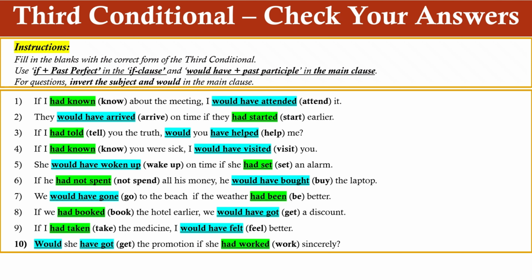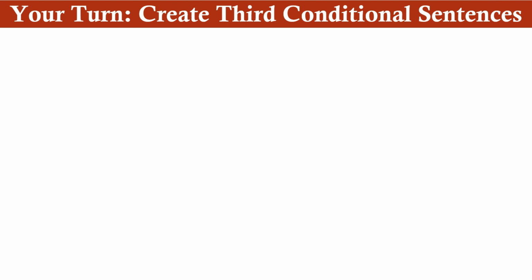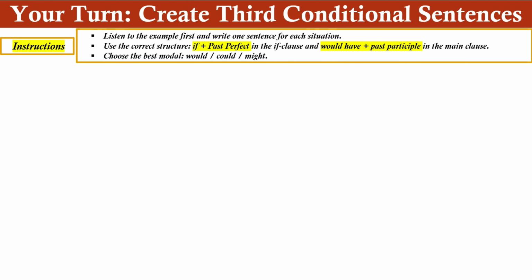Now that you have checked your answers, let's try something a little more creative. Let's see how well you can apply what you have learned. This time, I'll give you a few real-life situations, and you will write your own third conditional sentences. Listen to the example first, then write your own sentences for the situations below.